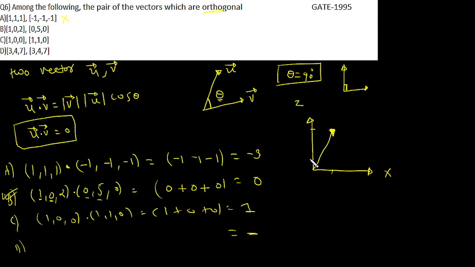So automatically these two vectors, this one and the one here along the y axis, are perpendicular in space. So we can say that the orthogonal vectors are in option B.